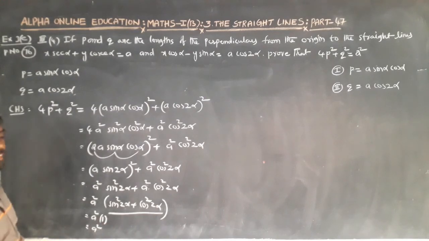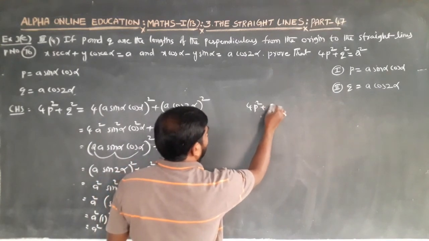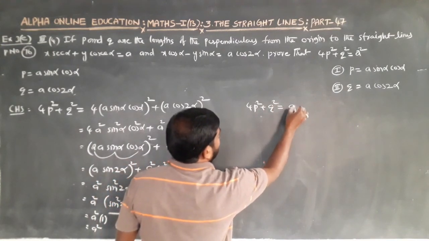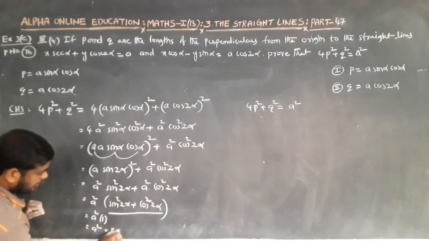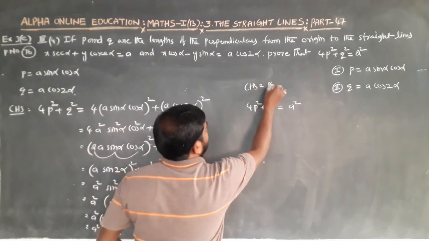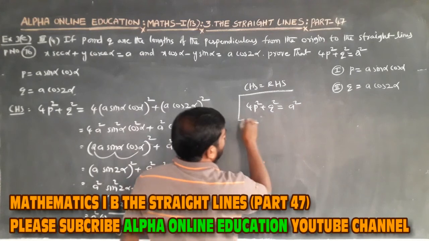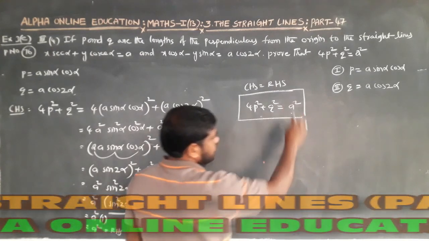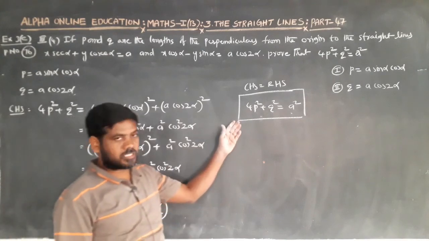This is the RHS value. So 4p square plus q square is equal to a square. This is the RHS. Therefore LHS is equal to RHS. Therefore 4p square plus q square is equal to a square is the answer.